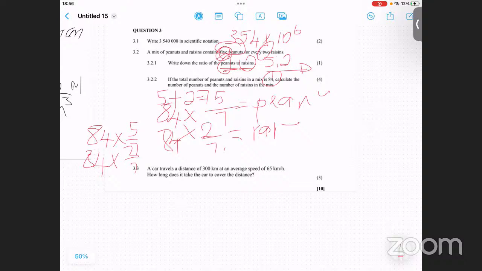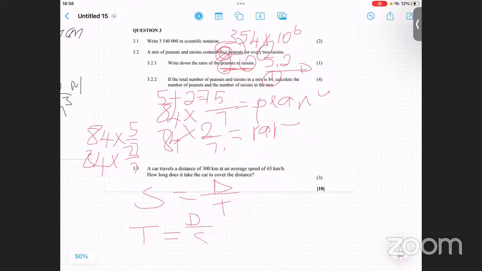So the formula that you're going to use here is that speed is equal to distance divided by time. Now, because we want to know the time, you're going to make t the subject of the formula. That means you're going to have time being equal to distance divided by speed.